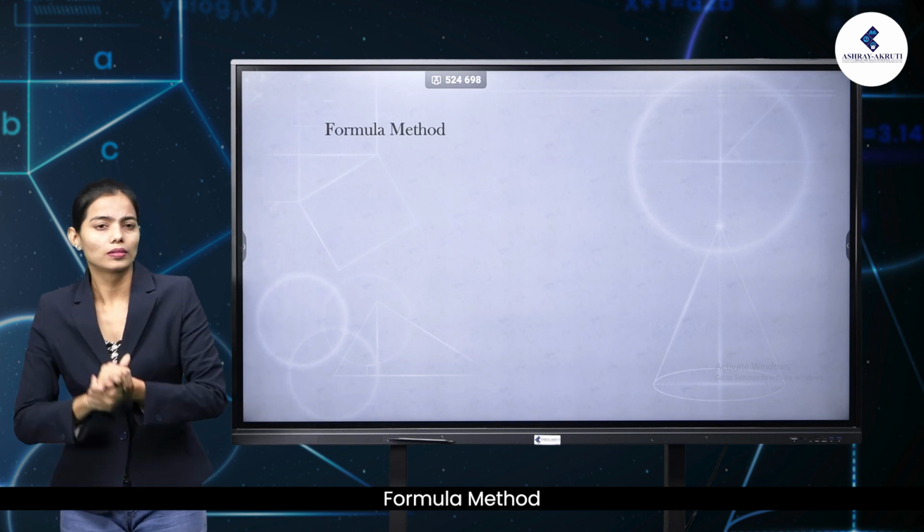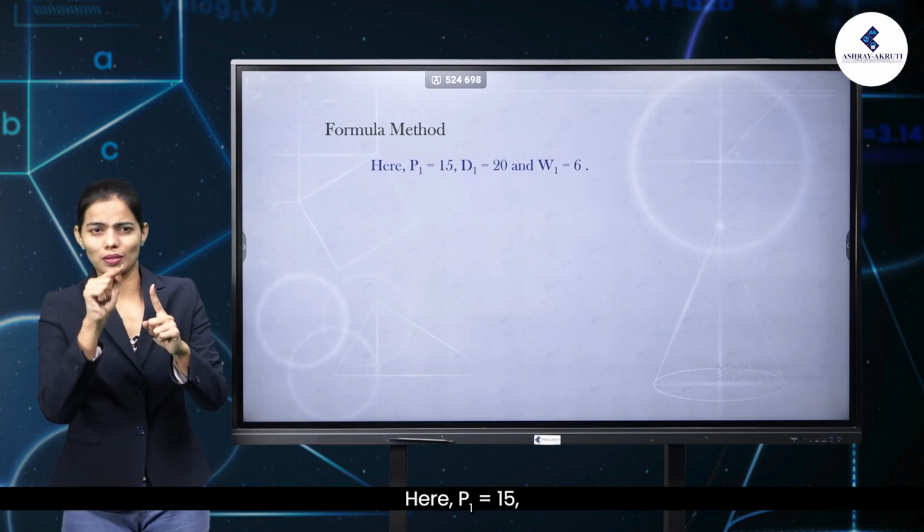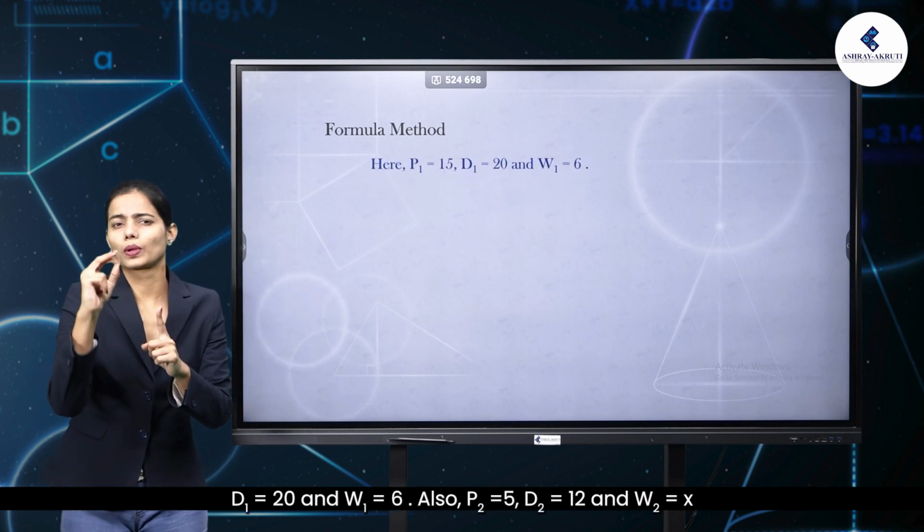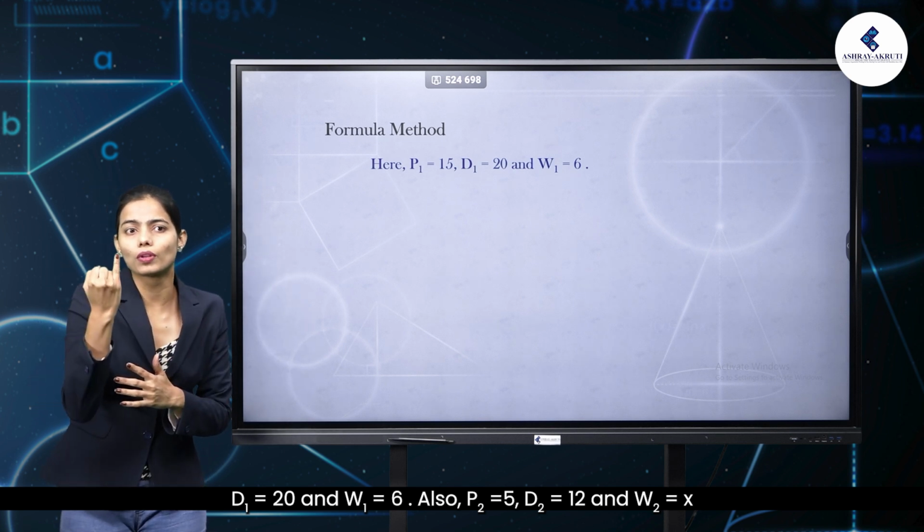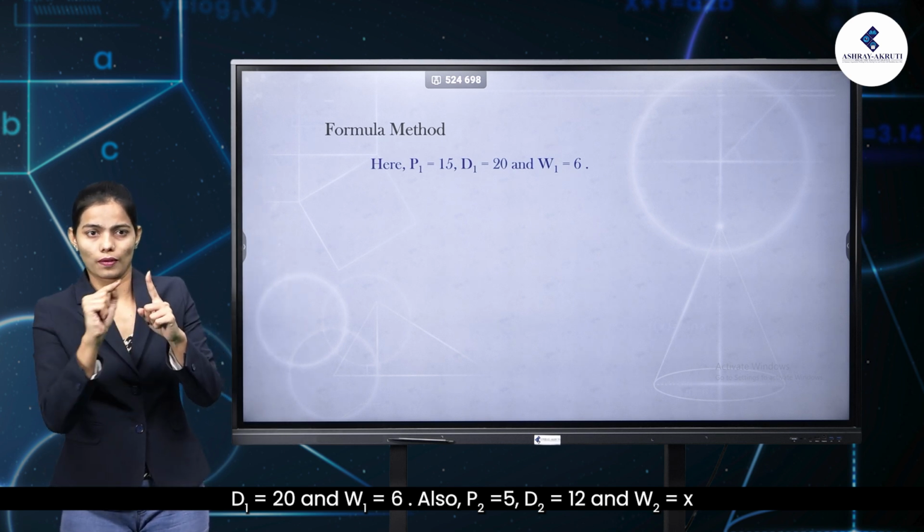Formula method. Here, P1 is equal to 15, D1 is equal to 20 and W1 is equal to 6.